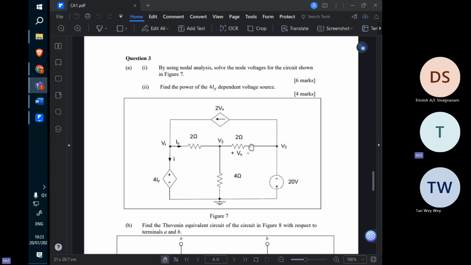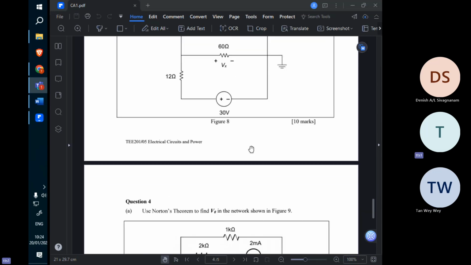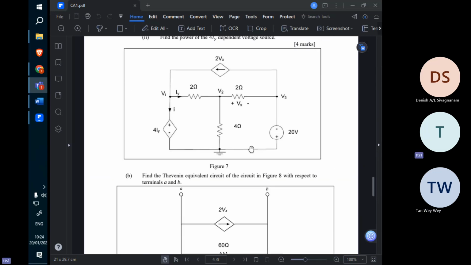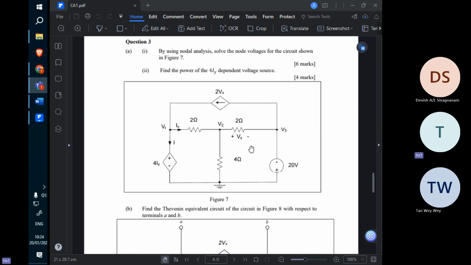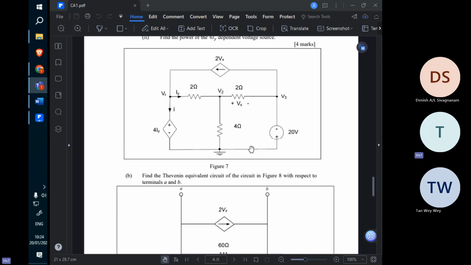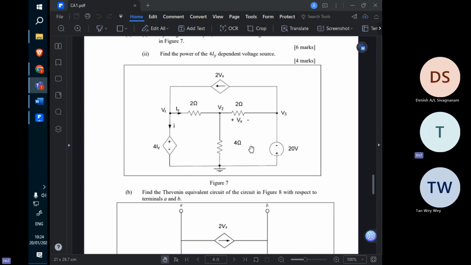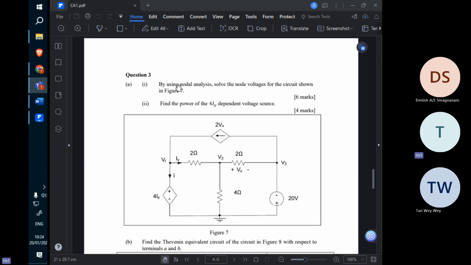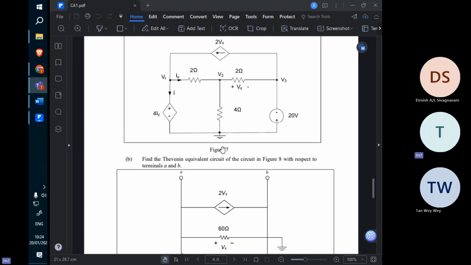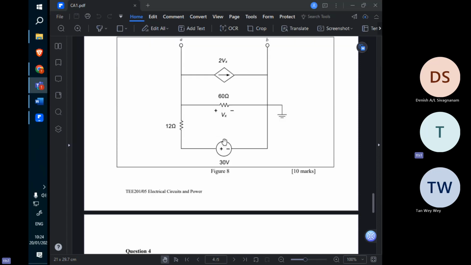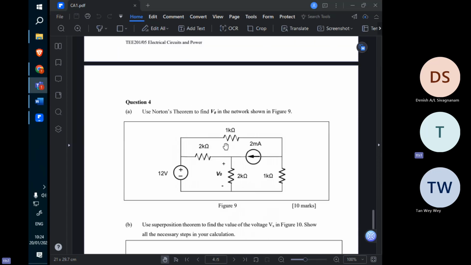If I remember correctly, these two belong to units 2 and 3. Question 3 is based on unit 2 and 3, is it, sir? I think not unit 1, but unit 2 or 3. So we're not supposed to do this today, because explaining nodal analysis and Thevenin's theorem takes a lot of time.